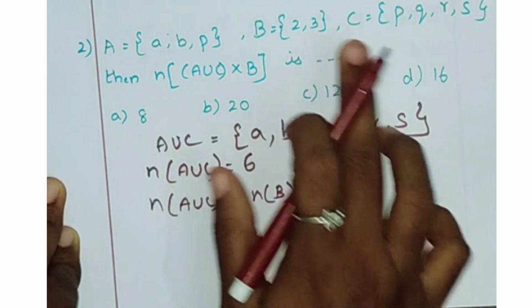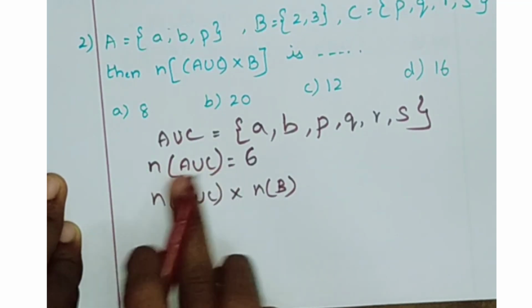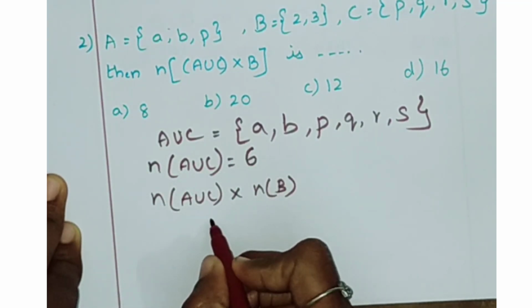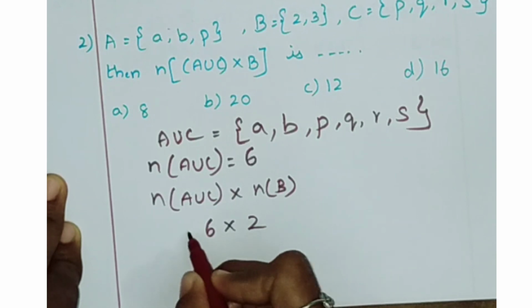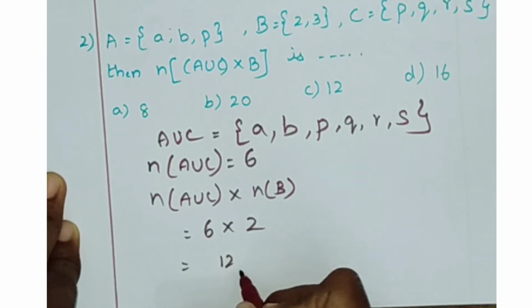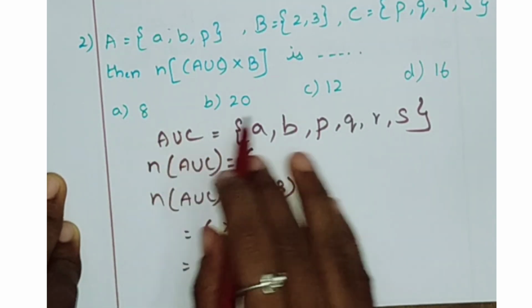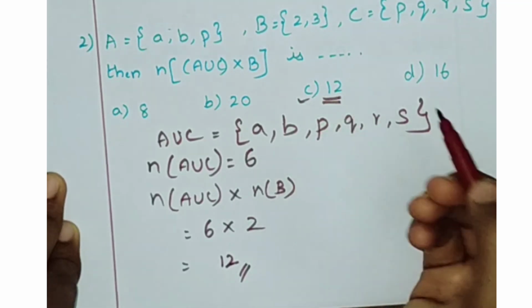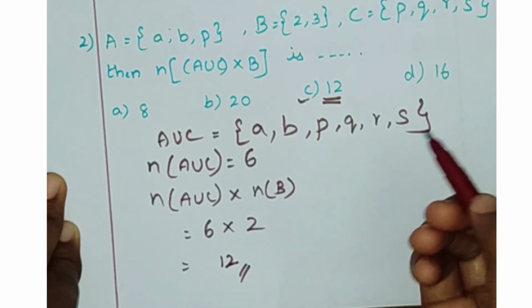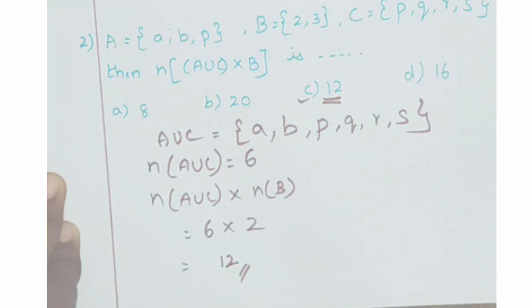So 2 is n of B, and n of A union C is 6. So 6 into 2, which is 12. So option C is the right answer. Okay, so now we'll see the next question.